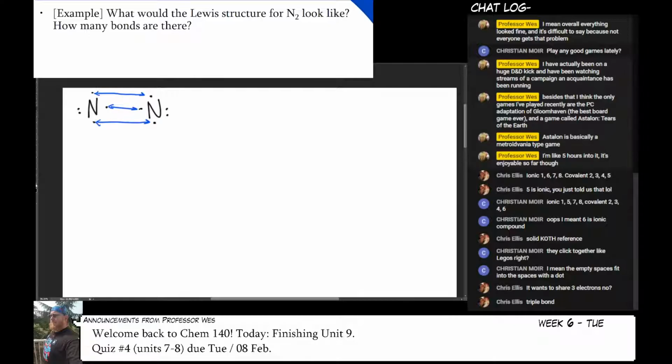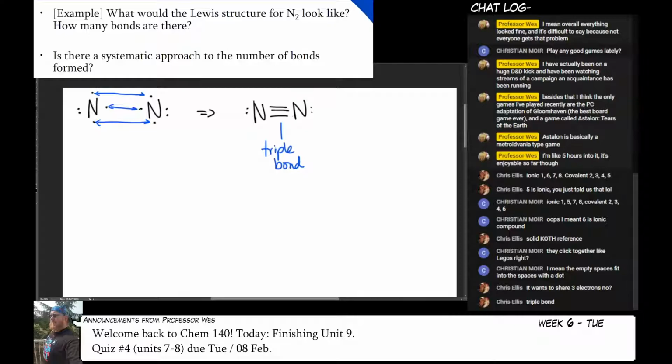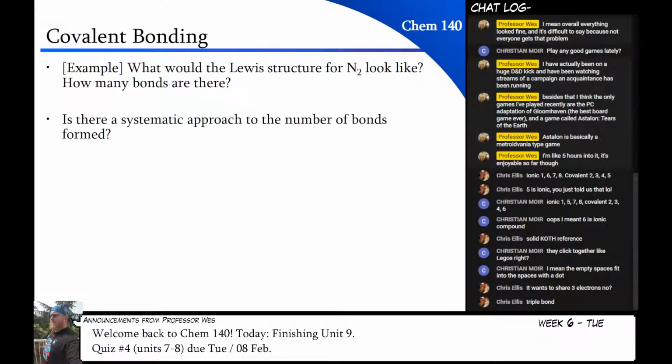So I'm going to pair up those, and then the result that I'm going to get is going to look like this. And we create a triple bond. All right. So we'll go back over here.